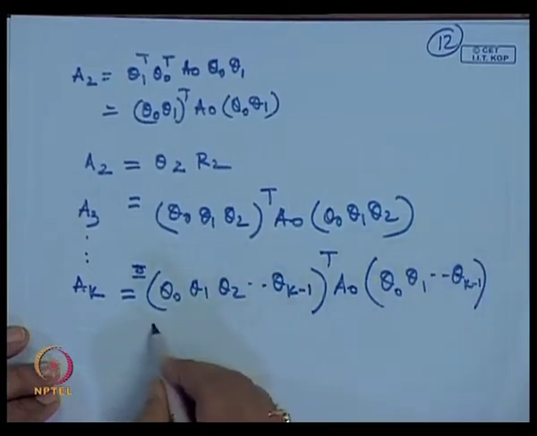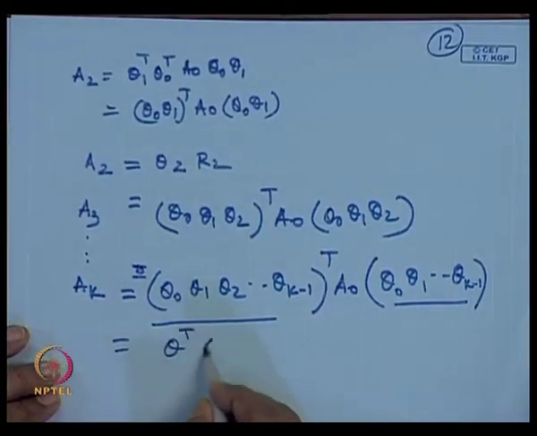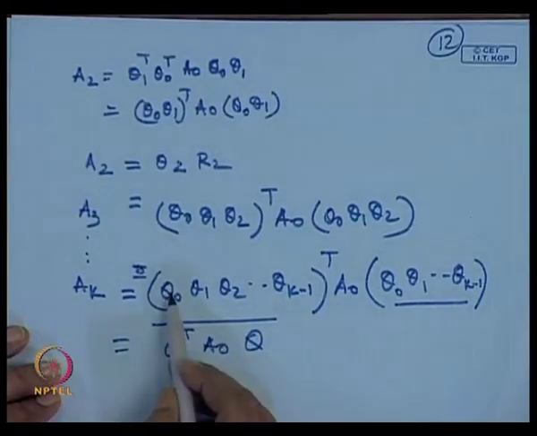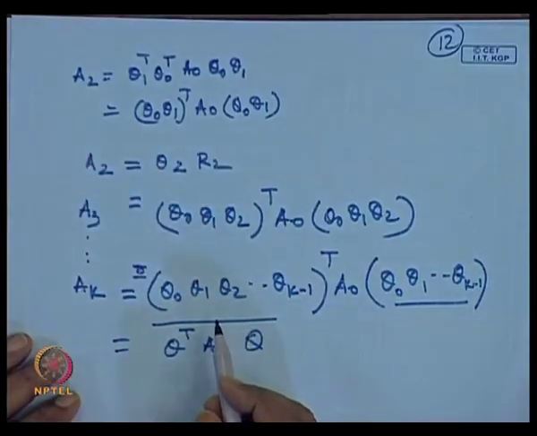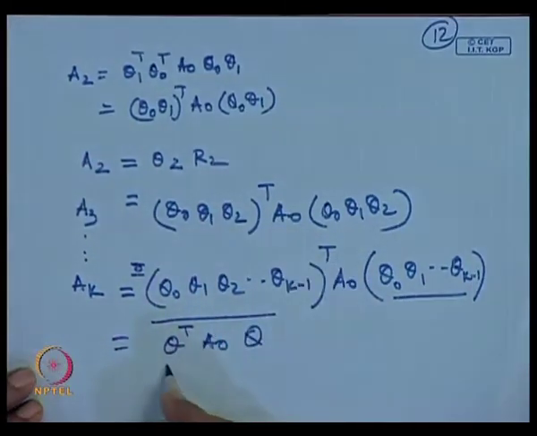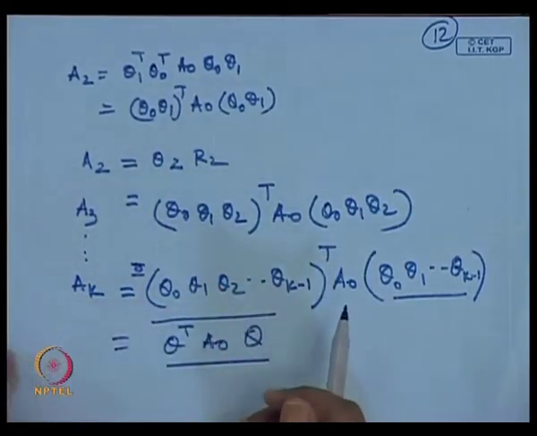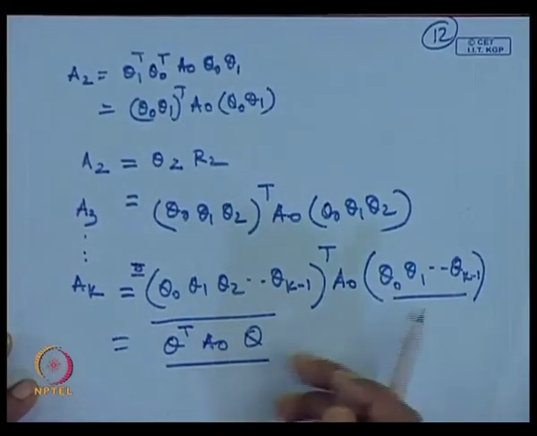Agree? So, ultimately it is nothing but Q transpose A 0 Q. The multiplication of orthogonal matrices results in an orthogonal matrix. Agree? If you do this sequence, ultimately I will get A in the Schur form.